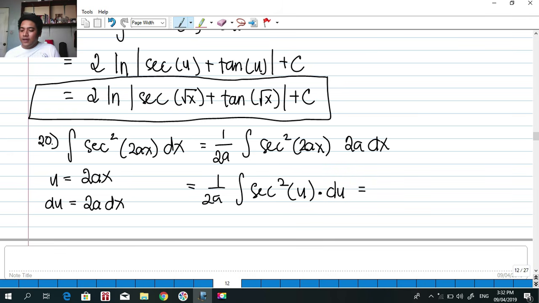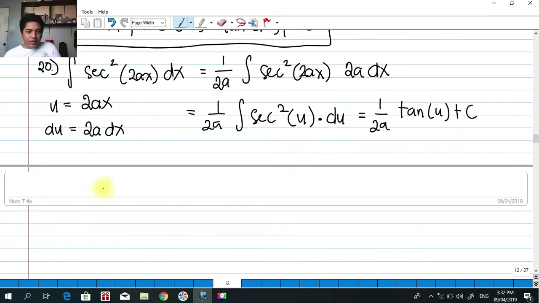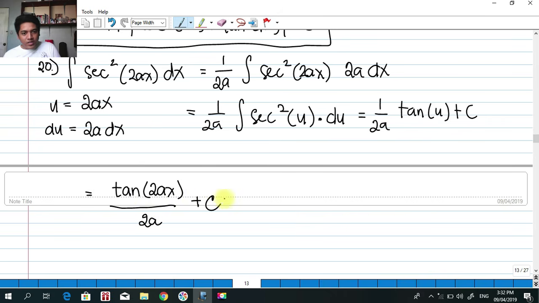The integral of secant squared, of course, is tangent. So 1 over 2a times the tangent of u plus c. Back substituting u, we have tangent of 2ax over 2a plus c. And this is our answer.